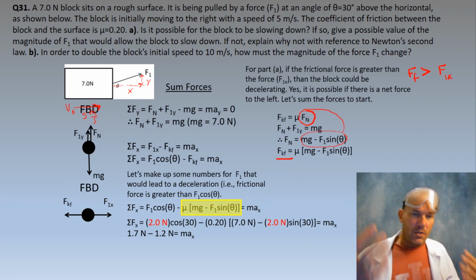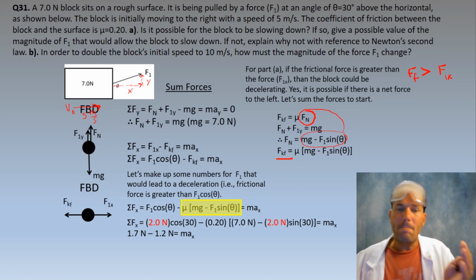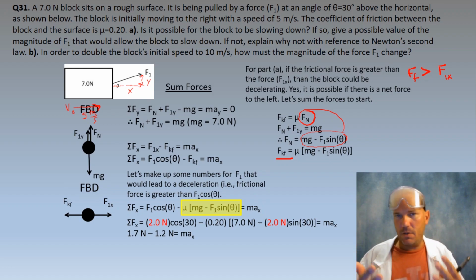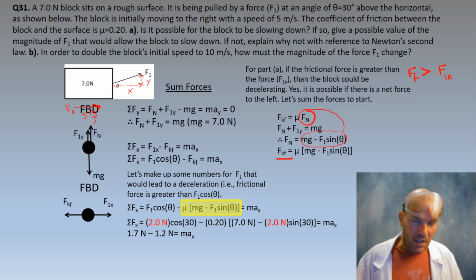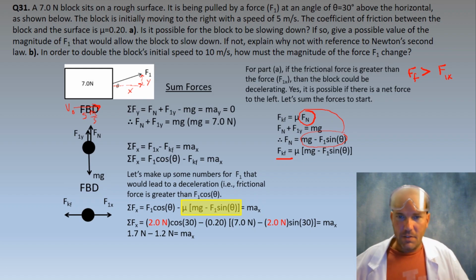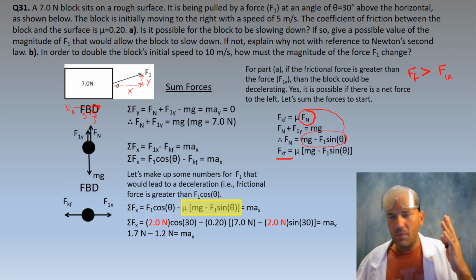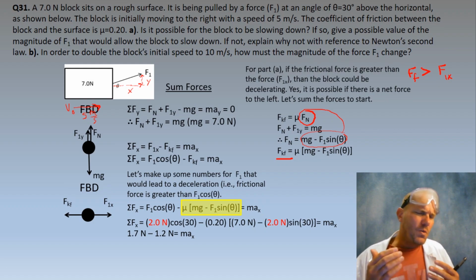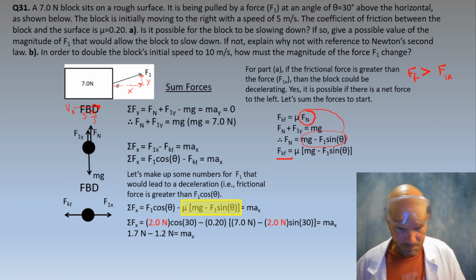So 2 multiplied by cosine 30, which is about 1.7, minus our value for mu, 0.2, multiplied by the 7 newtons, subtracting the value we made up in red, 2 newtons, sine 30, equals mass times the acceleration in the x. We simplify that, and we get 1.7 newtons minus 1.2 newtons.